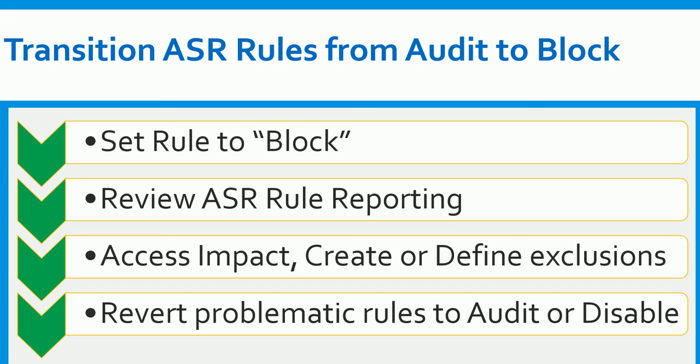That's called transitioning an ASR rule from audit to block mode. So set the rule to block mode, review the ASR rule reporting, then assess the impact, then create or define the exclusion if required. If something is getting blocked which should not be, then revert the problematic rule to audit or disable mode.